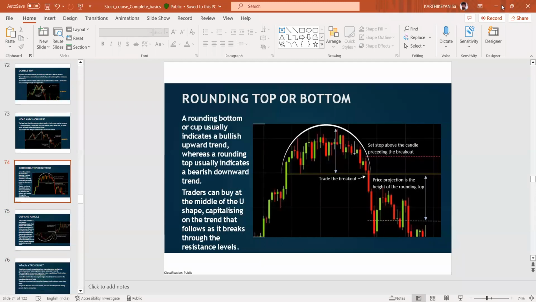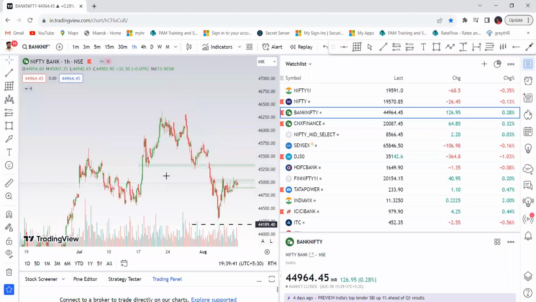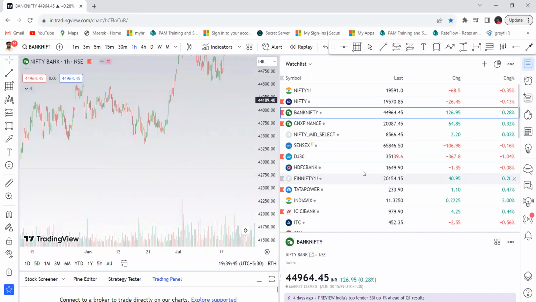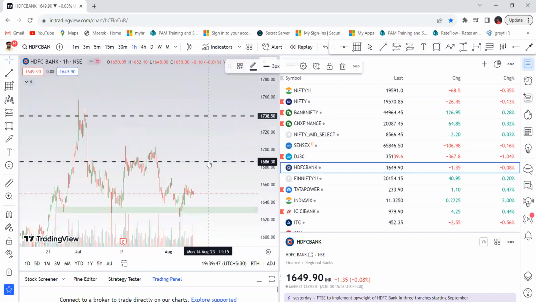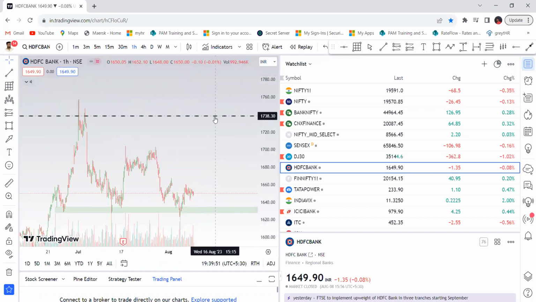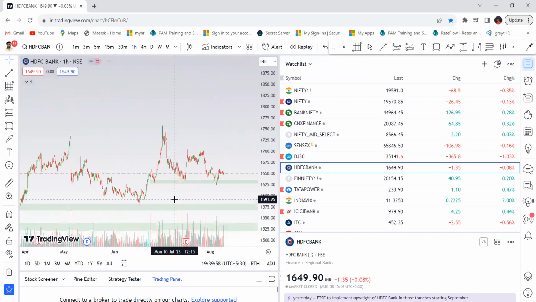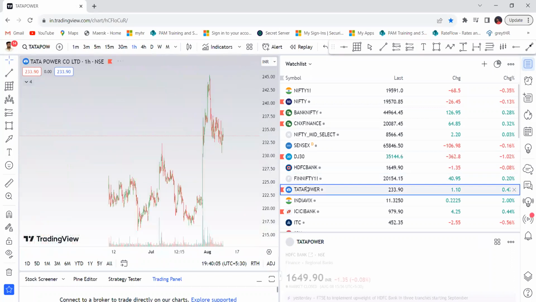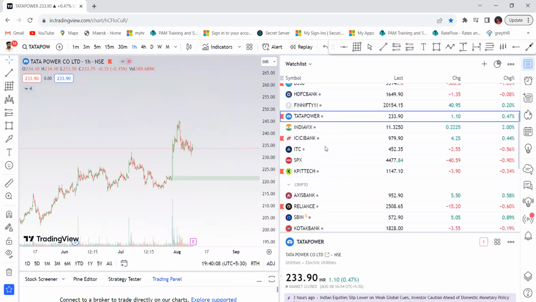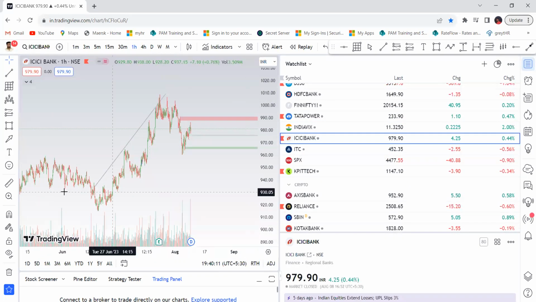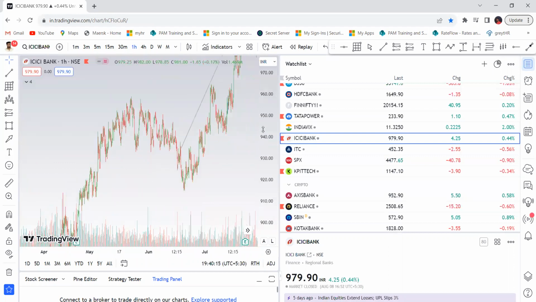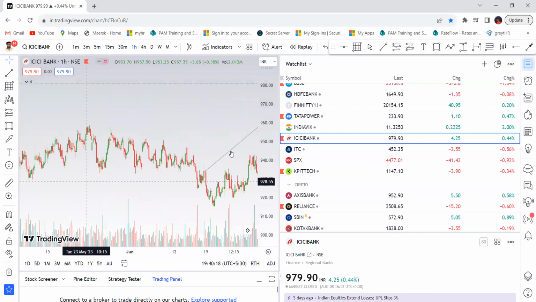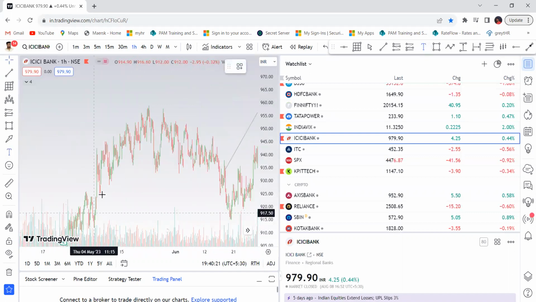Rounding top. I can see a rounding top here.